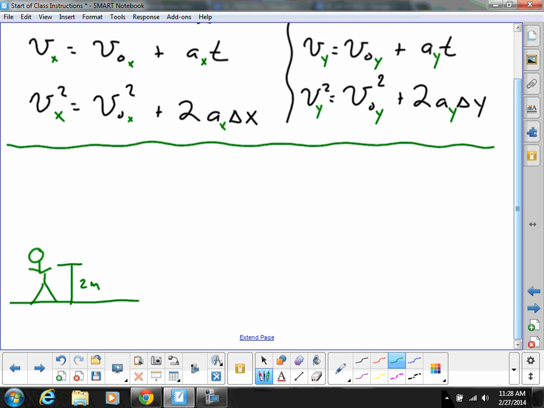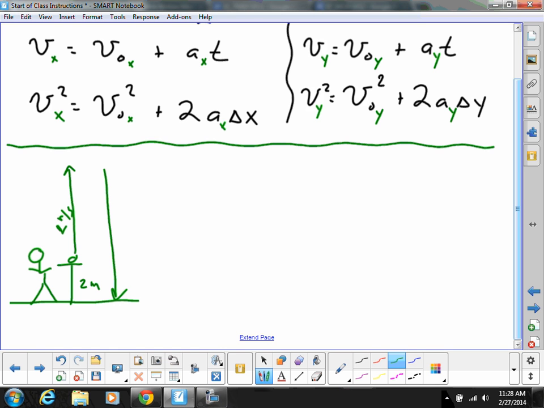And they're going to throw a ball up into the air, and then it's going to come back down and hit the ground. Okay. And let's say they throw that ball with an initial velocity of 2 meters per second. The motion here is completely in the y direction, up and down. We have no x component.